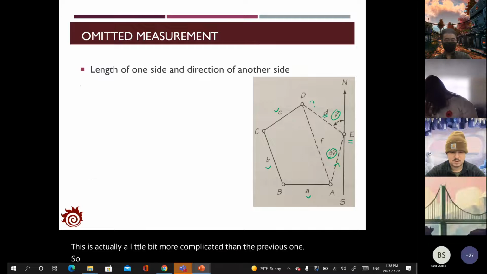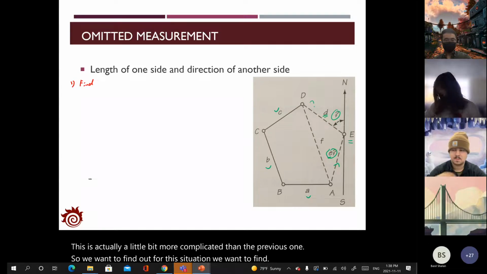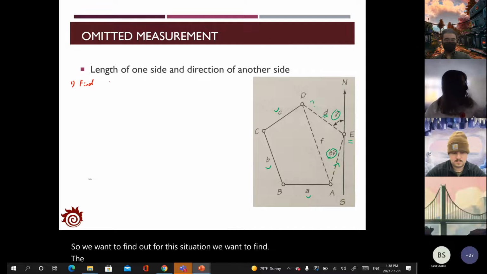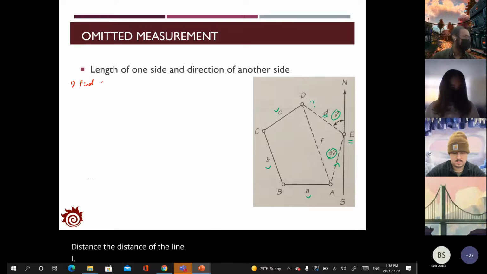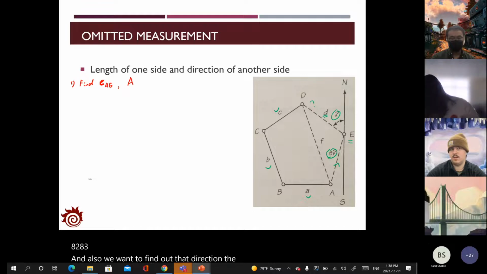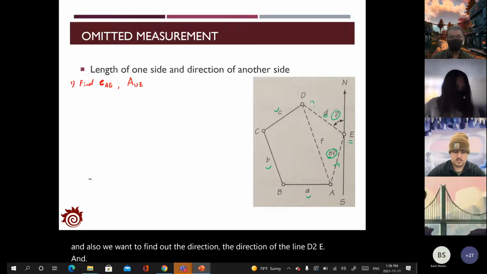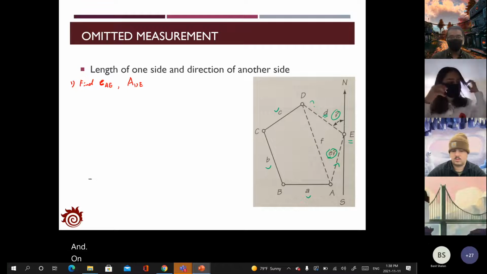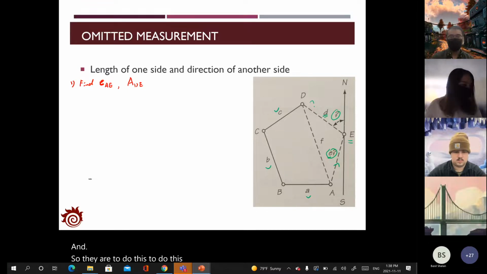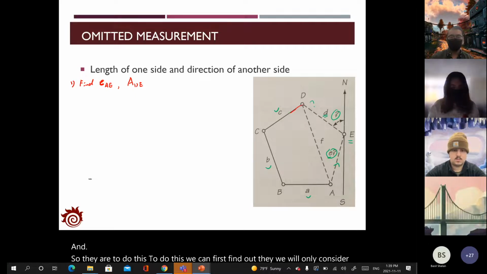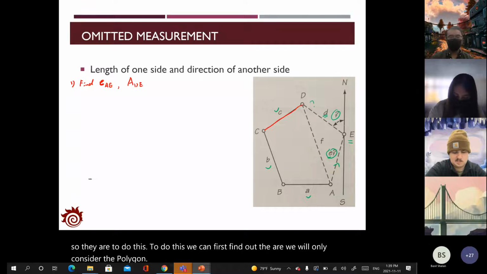So for this situation, we want to find the distance of the line A to E. And also we want to find out the direction of the line D to E. To do this, we will first only consider the polygon ABDA.